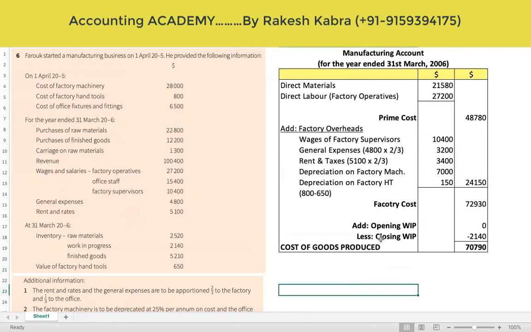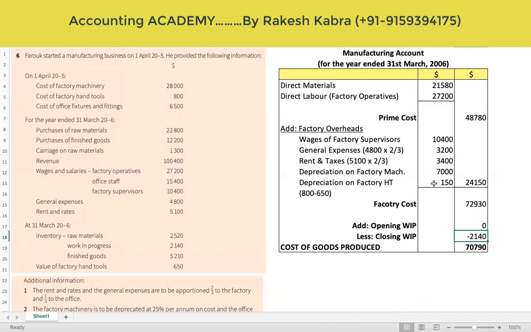First, tell me what is work in progress? It's goods you're working on, but that are still not completely finished. Yes, it means some expenditure has been done but still the product is not finished, right? So that much amount I will subtract, because this 2140 is included in all this expenditure.